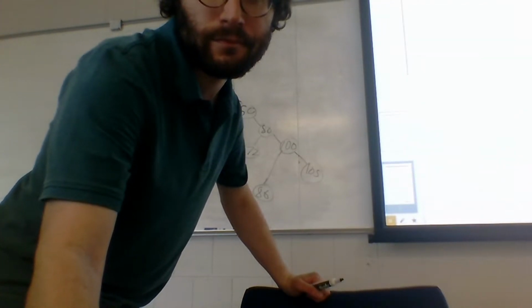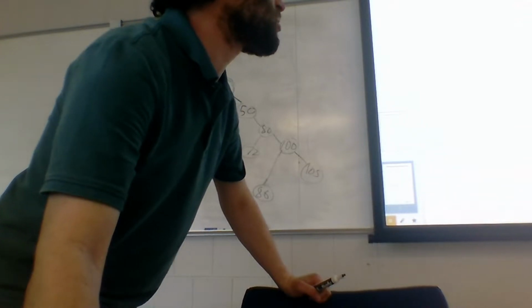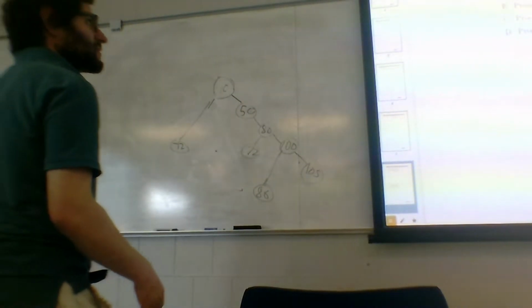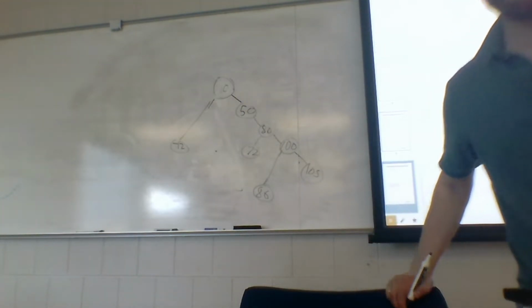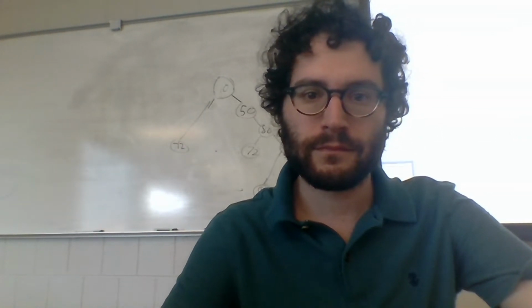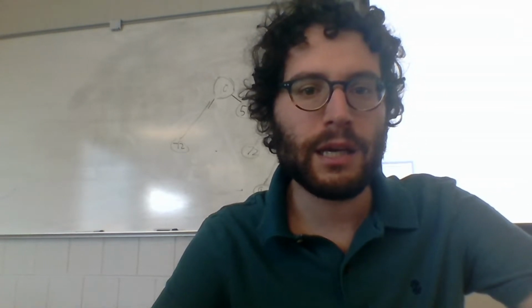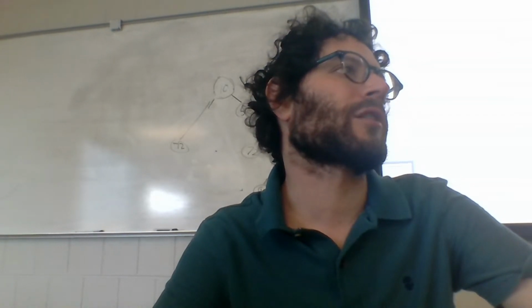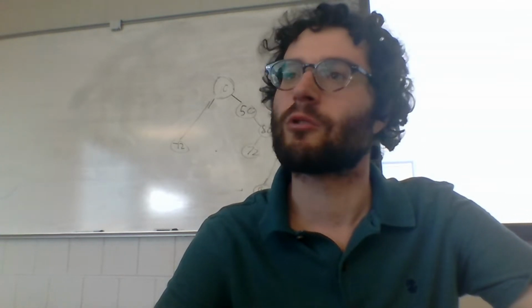All right. Next question. Which of the following is a preorder traversal of a binary tree? Any takers? B? B is not actually preorder. A is in order.